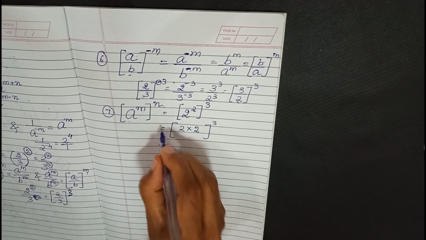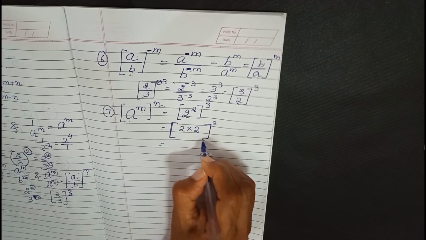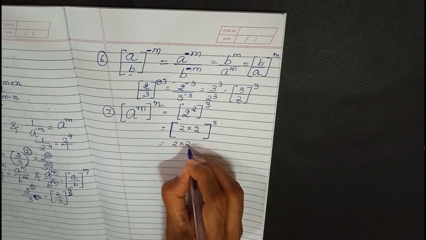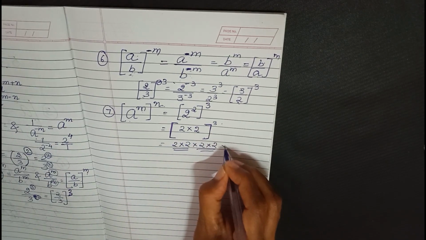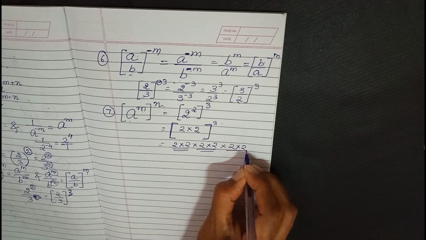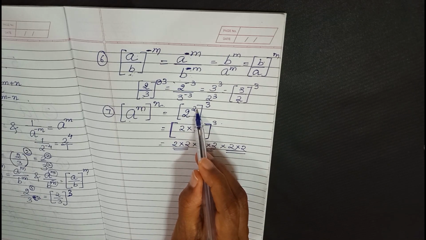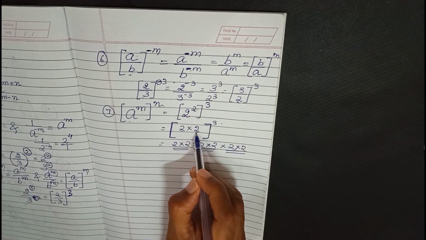Now what is the meaning of this number now? It means that this bracket I should multiply 3 times. So this is one time. This is the second time. And then this is the third time. So you can see you have understood what I did. 2 raised to 2, I have written it twice, right? 2 raised to 2 is nothing but 2 into 2.